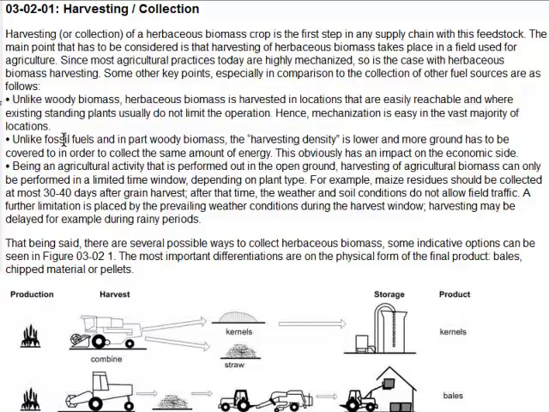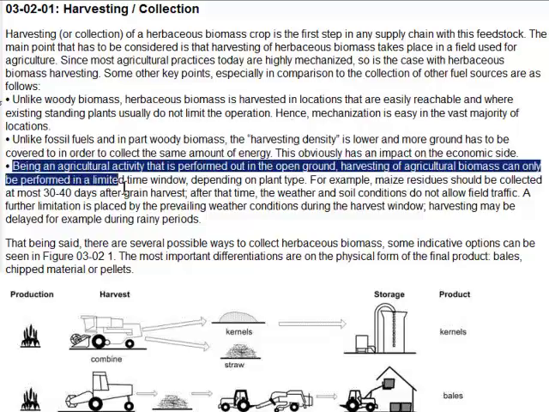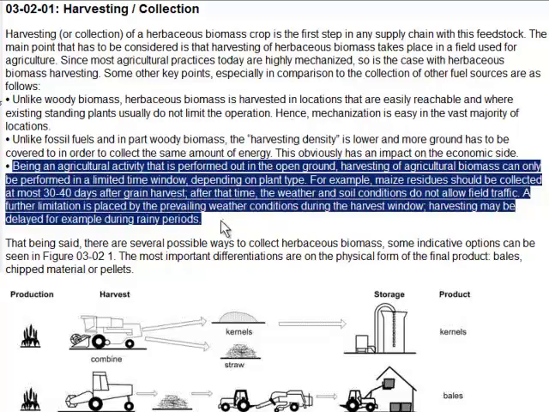But there is also one other difference. While forest operations typically occur on an annual basis, more or less all year round, since the harvesting of herbaceous biomass is an agricultural activity, it's only performed in limited time windows, depending on the plant type.